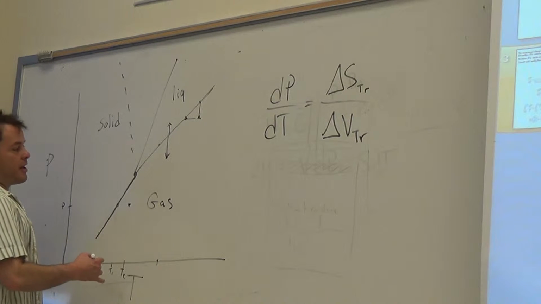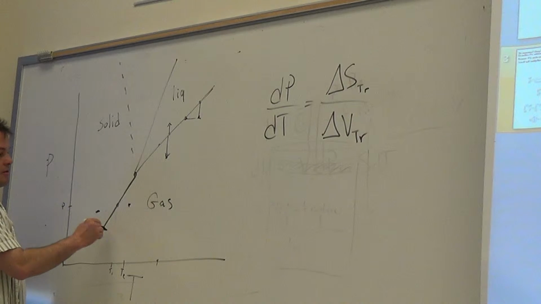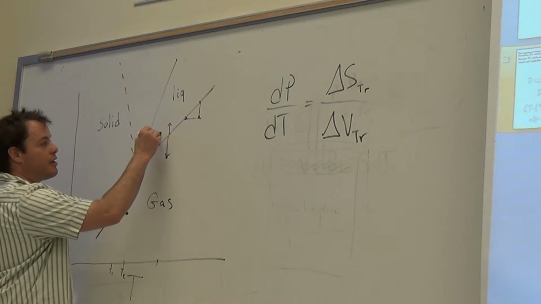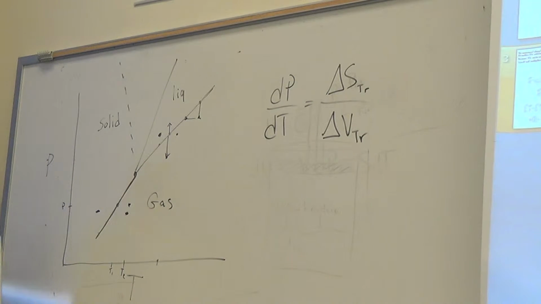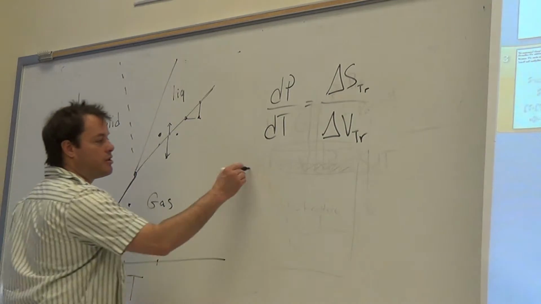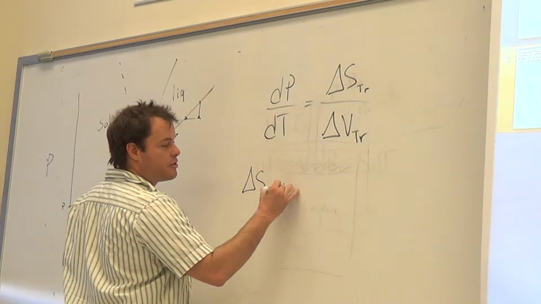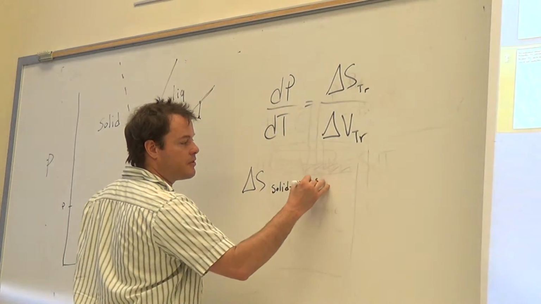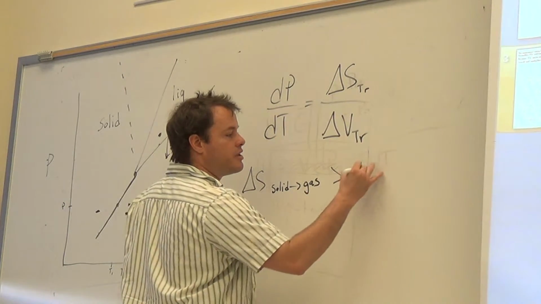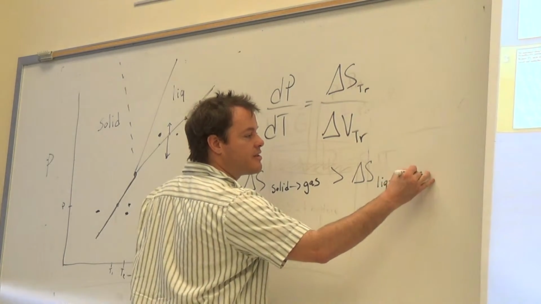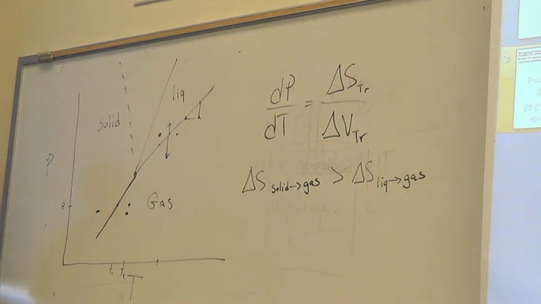So we imagine that moving from here to here would involve a larger increase in entropy than moving just from the liquid to the gas over there, right? So delta S for solid goes to gas is larger than delta S for liquid goes to gas. And so looking at that equation, we can provide an argument for the magnitudes of those slopes.